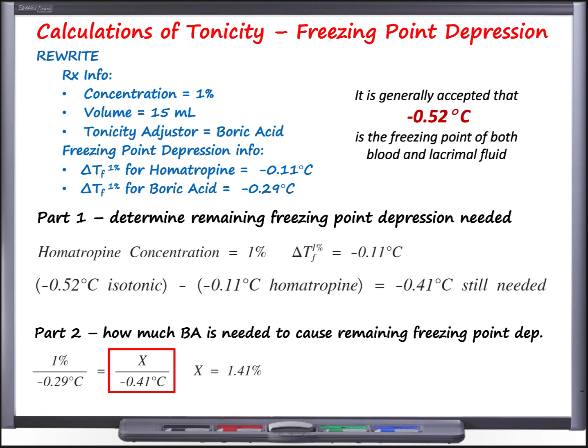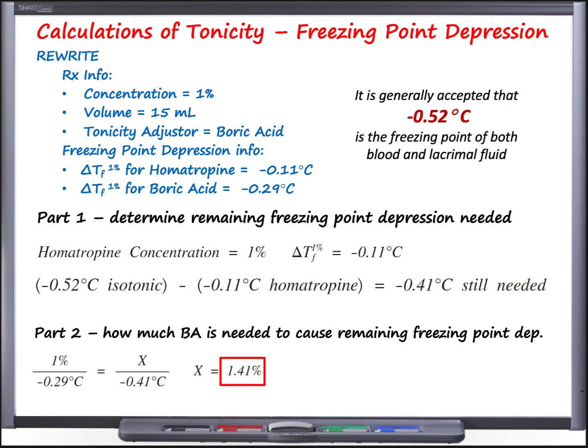So now if we solve for X by cross multiplying, we'll basically just take 0.41 degrees divided by 0.29 degrees, and we see that the final concentration that we would need is 1.41%. To summarize, a 1.41% solution of boric acid will cause a freezing point depression of 0.41 degrees, which is what we need to add to the 0.11 degrees that is being lowered by the homatropine.